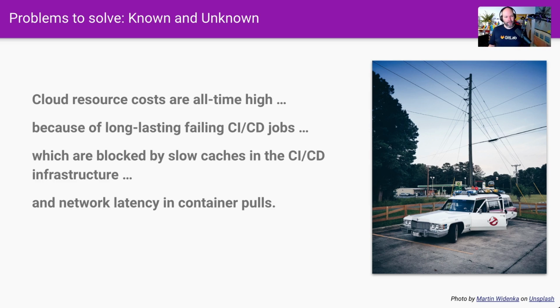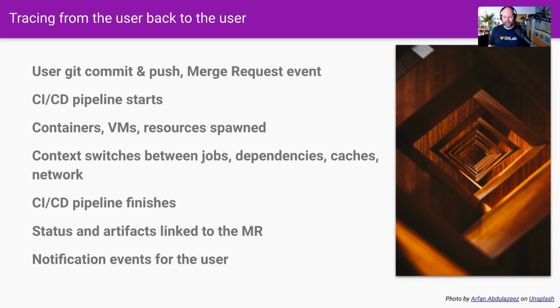No, just kidding. The thing is, how could we think of a trace in a CI/CD pipeline? This is a continuous lifecycle, a continuous infinite loop, a DevOps loop, so to speak. The user starts with a commit, then there is a push, a merge request event is spawned, the CI/CD pipeline starts. Then the resources are pulled.